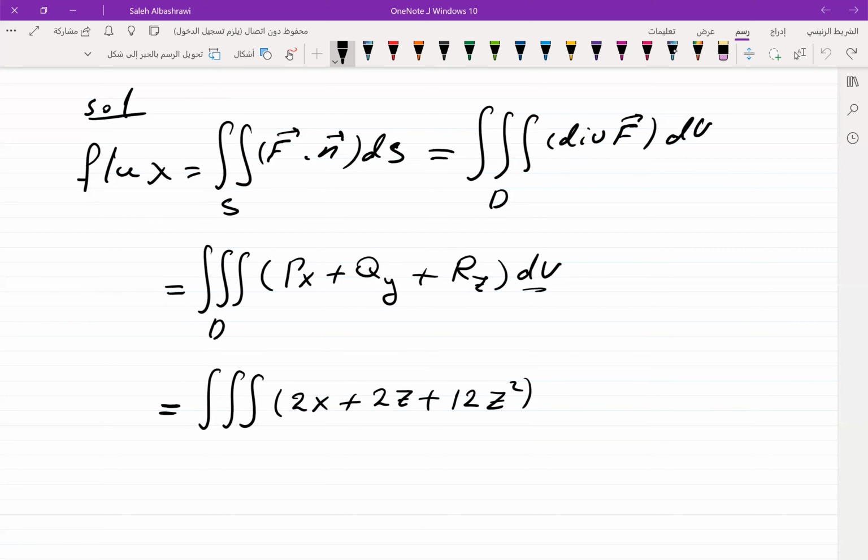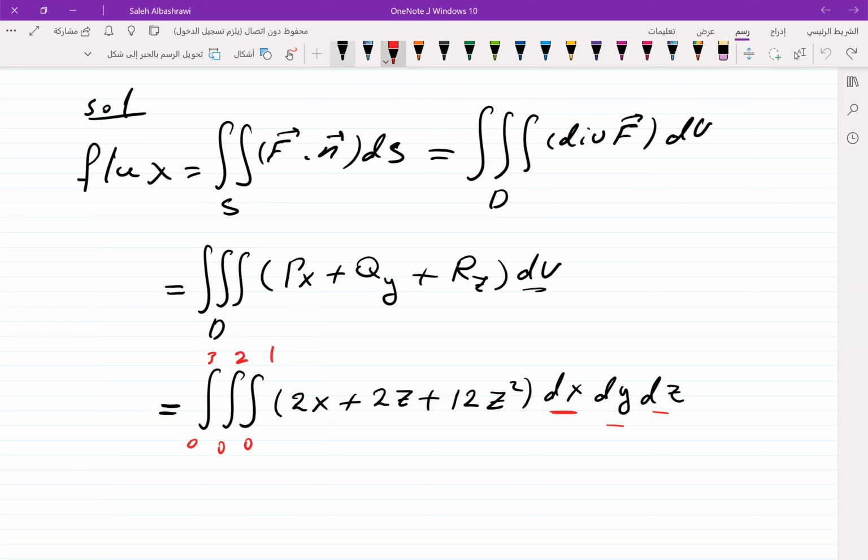And dV will be dx, dy, and dz. And the limits, since we start with x, the innermost one is x from 0 to 1. Y, the second one, from 0 to 2. And z is the last one, or the outer one, 0 to 3.